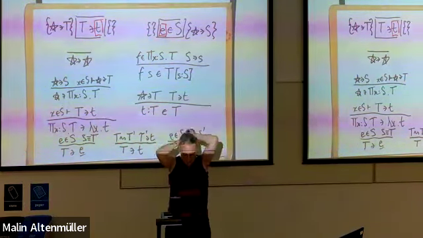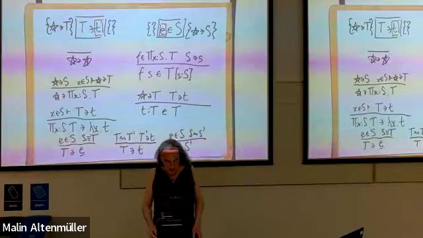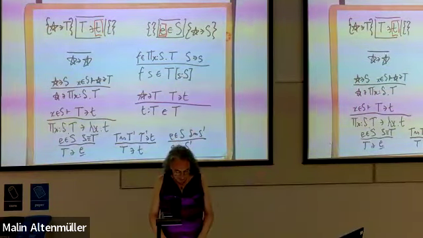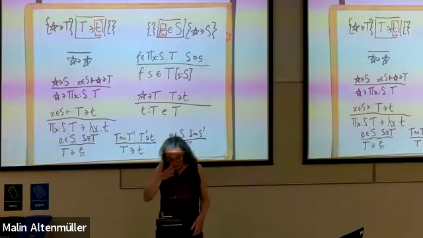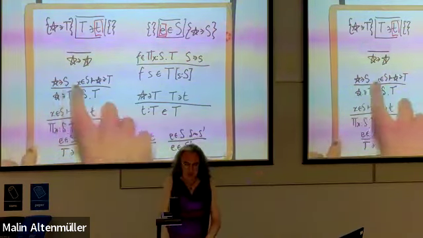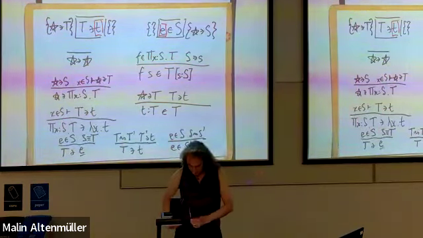I also, if you remember, said that we have a kind of flow of information, that we have explicit binding sites for the pattern variables.